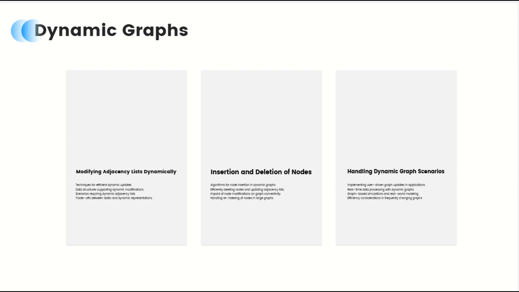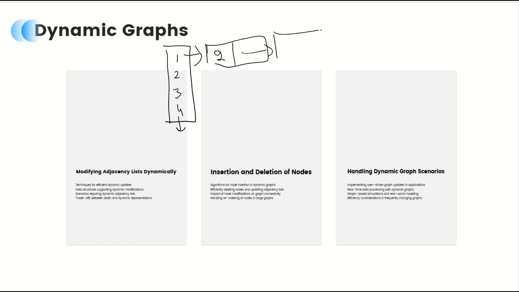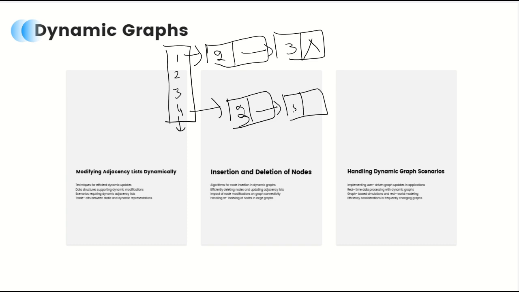Now, dynamic graphs. The adjacency list is the best for dynamic graphs because here we can add vertices easily in this array of lists, and we can also add different edges connecting them without disturbing the whole graph. We can add as many vertices and edges as we like without disturbing the graph that is already constructed.